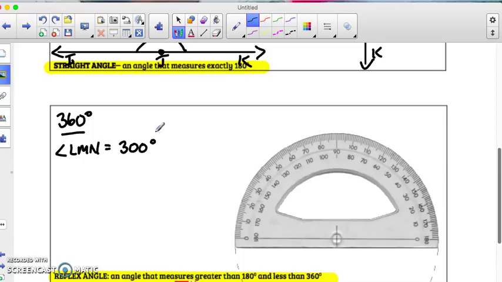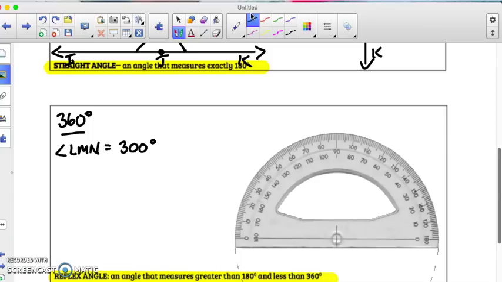Okay. Now, again, the problem that we have is that we have a semicircular protractor. 300 degrees is not on our protractor. Our protractor only goes to 180 degrees. So my hint to you earlier was look at 360 degrees. Why are we looking at 360 degrees? Well, what do you know about 360 degrees?